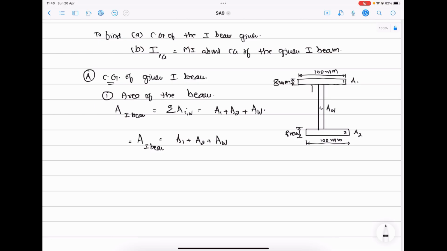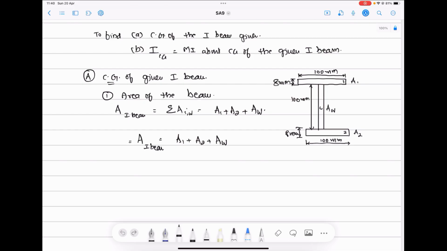And this one is 100 mm, and its thickness is 10 mm. This is the given beam.